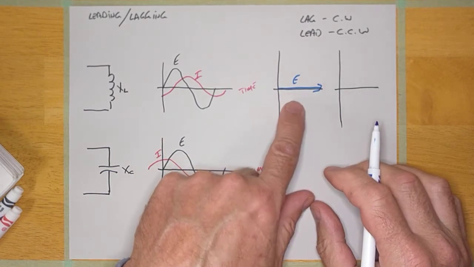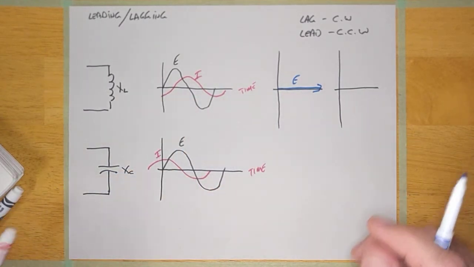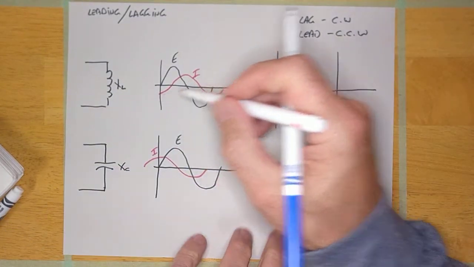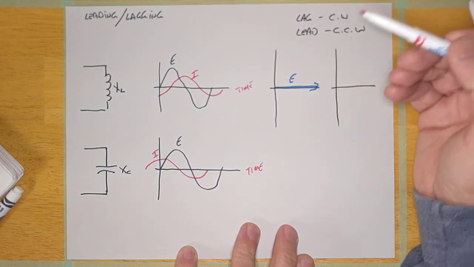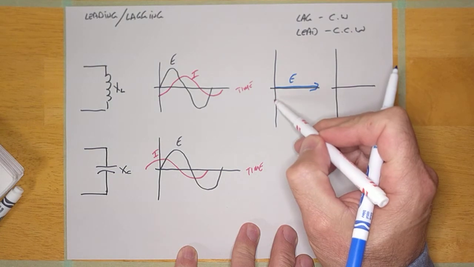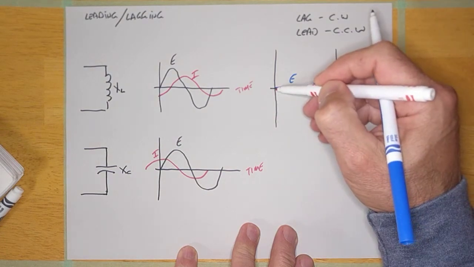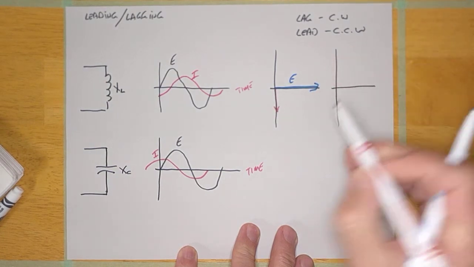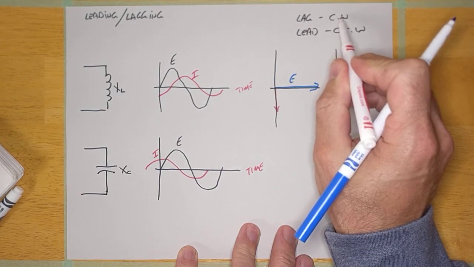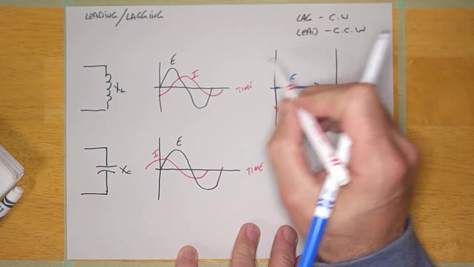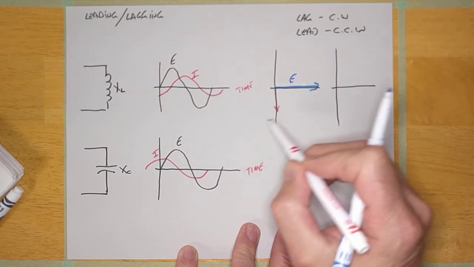So if that's the voltage phasor and I want to draw the current phasor, I know it's out of phase by 90 degrees. The question is, does it go up or does it go down? And the answer is it goes down. Here would be the current phasor in this situation, because lagging phasors are always drawn clockwise. And if this was a clock, the clock's going like this.